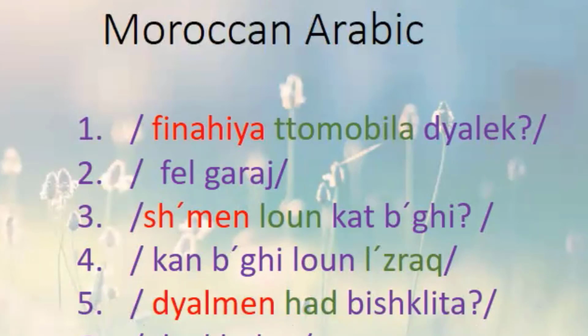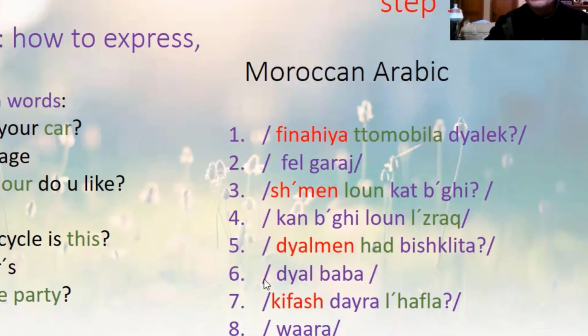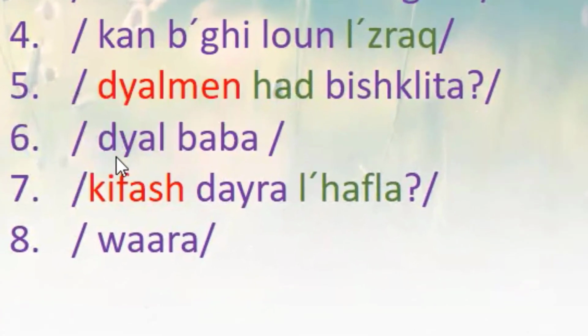Whose car is this? ديال من هاد الطوموبيلة. Whose money is this? ديال من هاد الفلوس. Number 6, my father's. ديال بابا. So father's is ديال بابا. It is my father's bicycle.